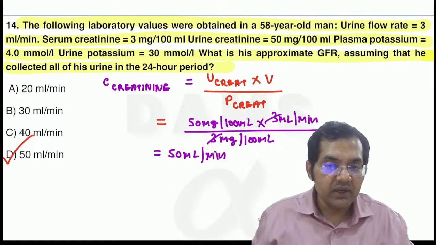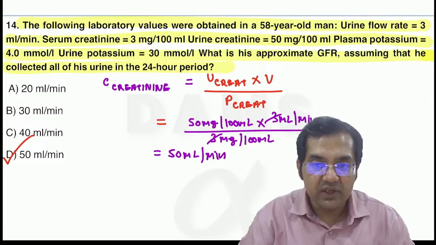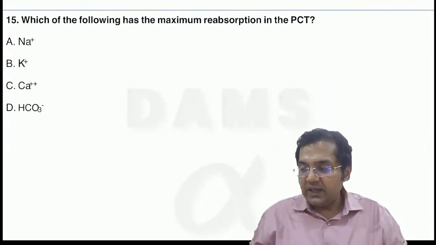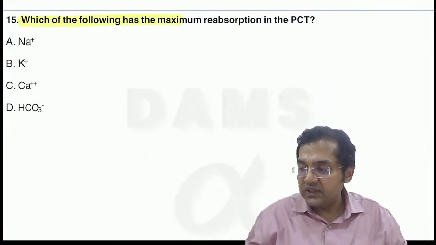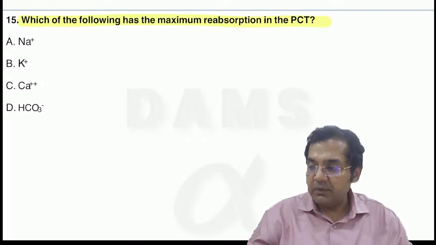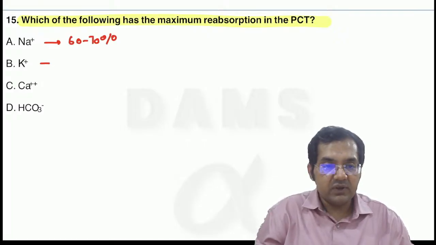A lot of students say, why have you given potassium? Maybe just to trouble you, right? Waste your time, confuse you. Which of the following has the maximum reabsorption in the PCT? One liner, but a previous question of the exam as well. Remember, very interesting question. So sodium is around 60 to 70%.